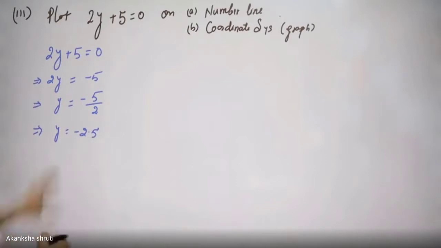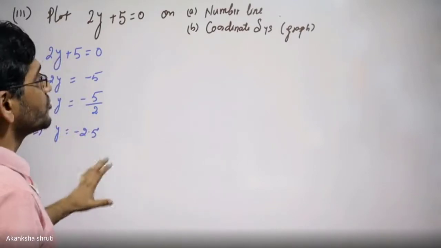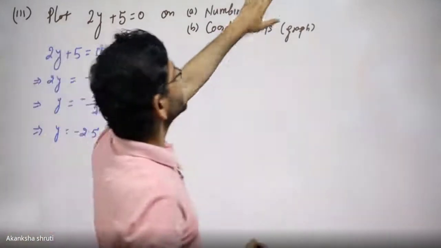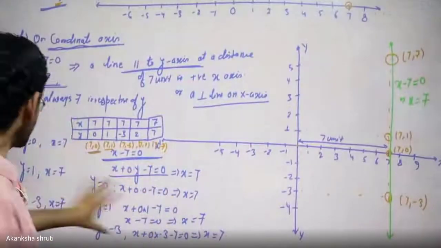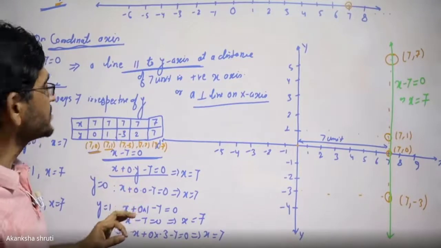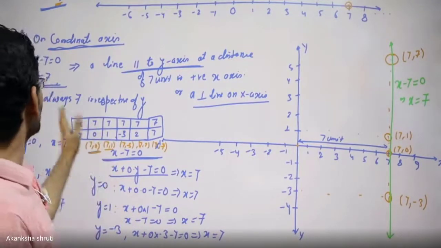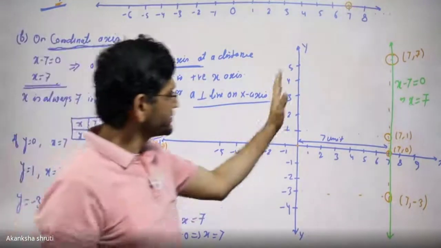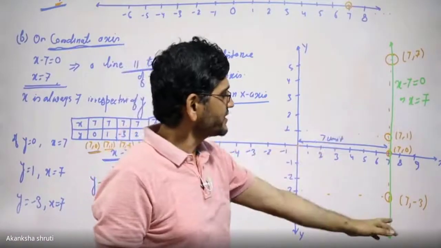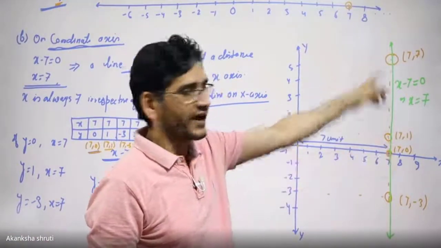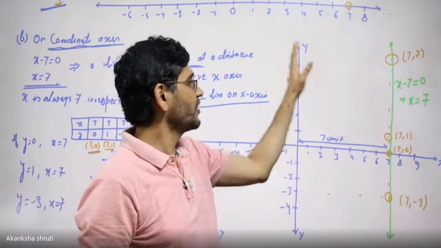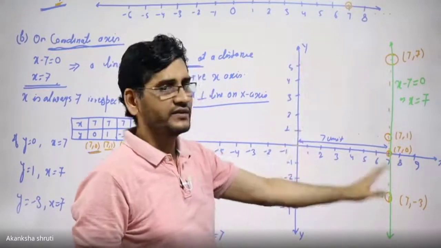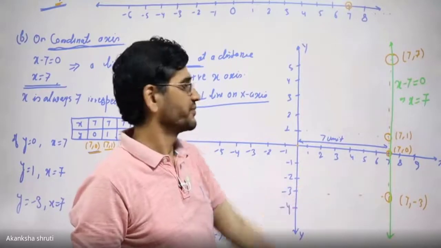Students, to draw this, no need to do the calculation that I have explained here. Student, this explanation was to make you understand that this x minus 7 is equal to 0 will represent a line because it is not depending on y, while we are plotting on the xy coordinate system.